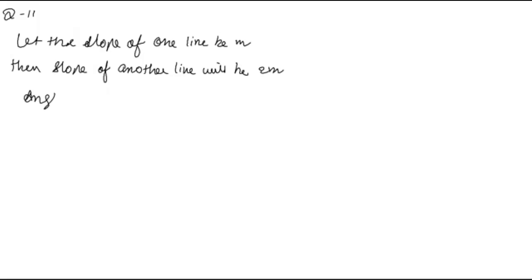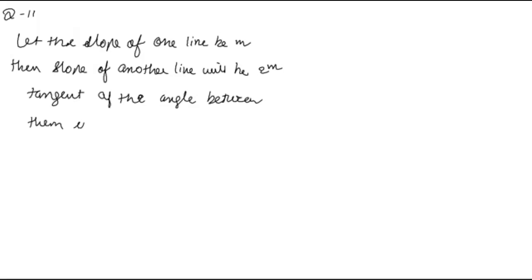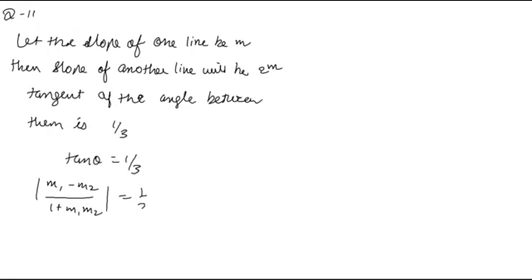It is also given that the tangent of the angle between them is 1 by 3, that is tan theta is equal to 1 by 3. But the angle between two lines is given by m1 minus m2 upon 1 plus m1 m2. This is the formula for finding the angle between two lines.